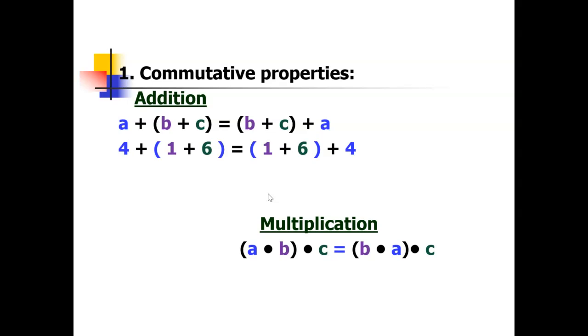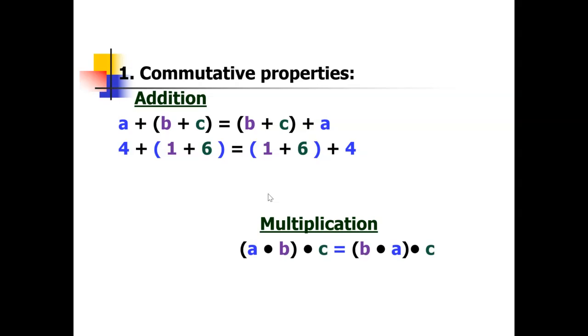4 plus (1 plus 6). I have grouped together 1 and 6. On the other side, I have (1 plus 6) plus 4. So you see that I have changed the order of my numbers, but my grouping on both sides is the same. 1 and 6 are inside the parentheses on both sides.